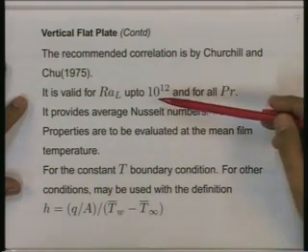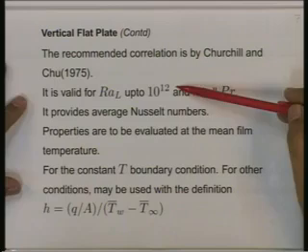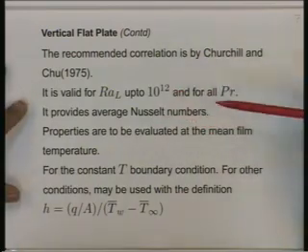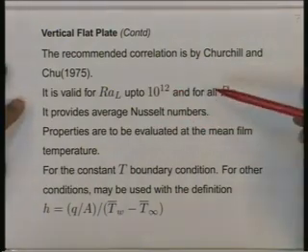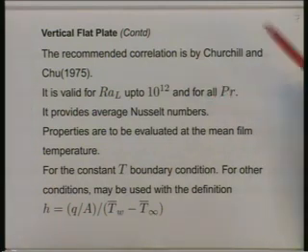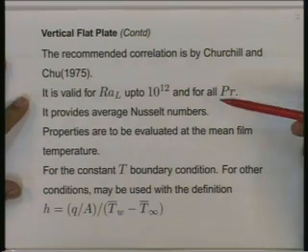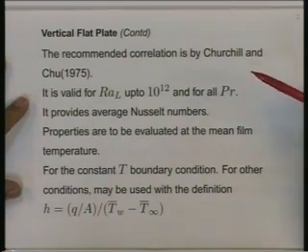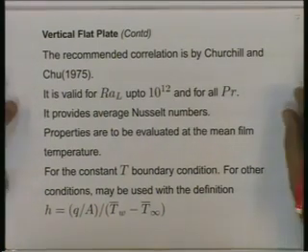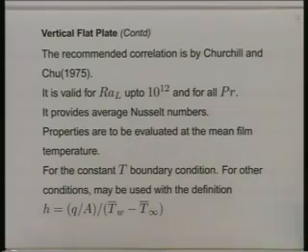It is valid for Rayleigh number up to 10 raised to 12 from near 0, and for all Prandtl number. For all Prandtl number, we mean Prandtl number of practical importance. So this typically means Prandtl number from something like 0.0001 to a Prandtl number of something like 1000 or 1200. This is the extreme range of Prandtl numbers that we will come across, from the liquid metal range of low Prandtl numbers to heavy oils range of high Prandtl number.